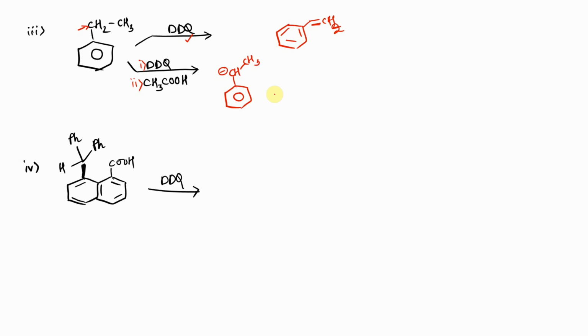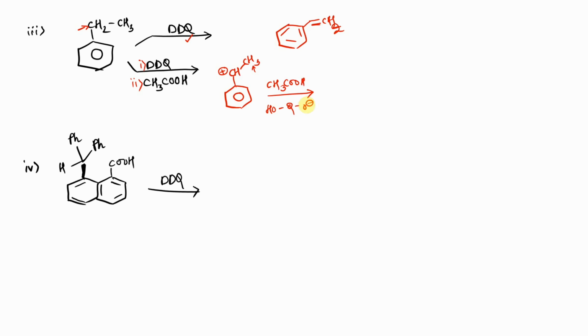Now since we have got the carbocation at this position, from the DDQ we will get HOH Q O minus, right? If you observe carefully, the O minus ion present here will not attack the hydrogen from this carbon because we are using CH3COOH.